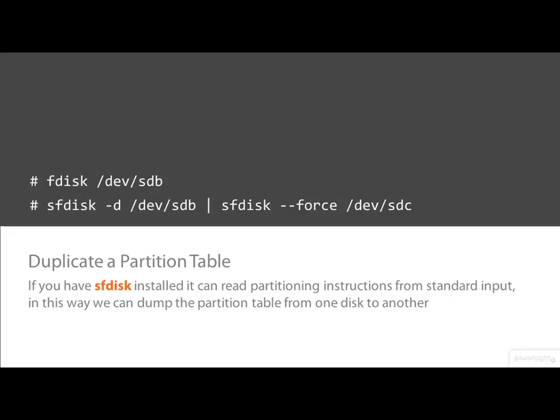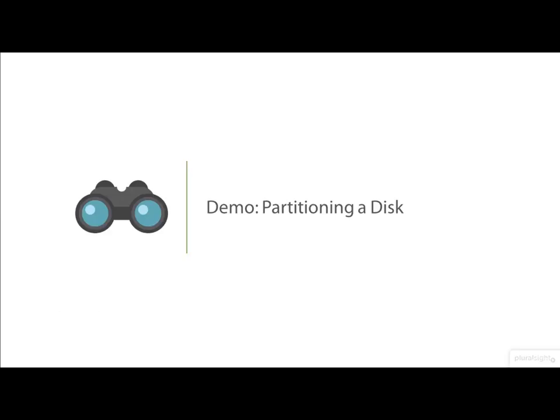So we pipe the output from sfdisk to the input of sfdisk. In this way, it becomes a very easy mechanism to duplicate our partition table. So let's use this trick and see how we can set up partitioning for our system.